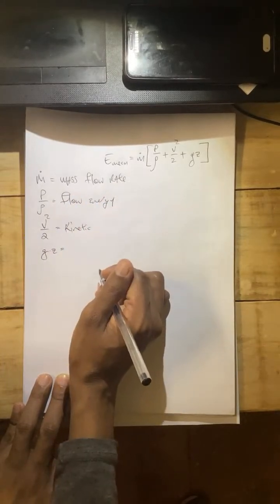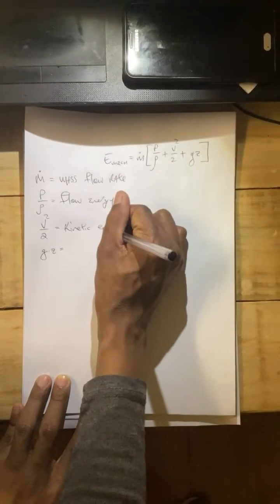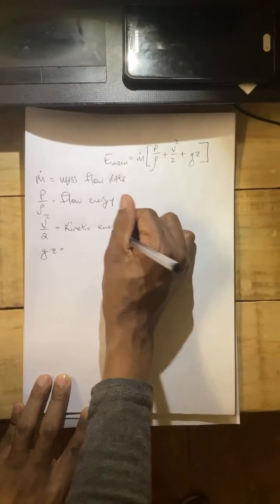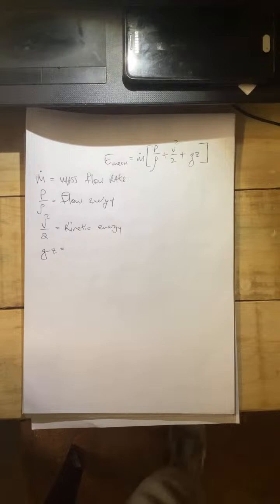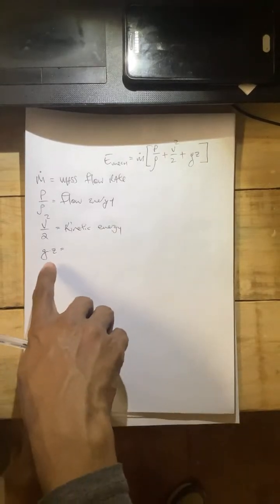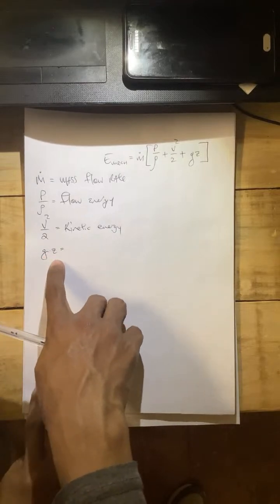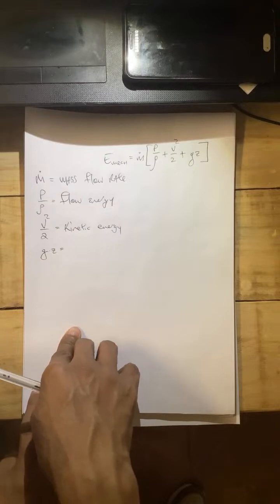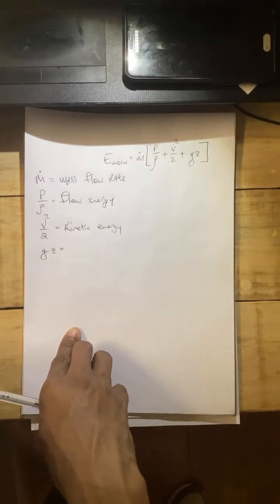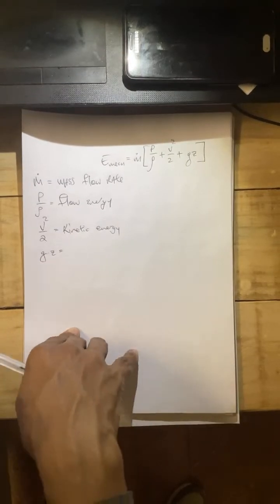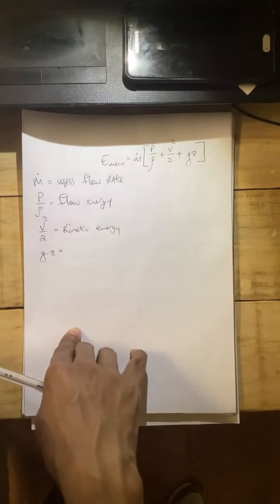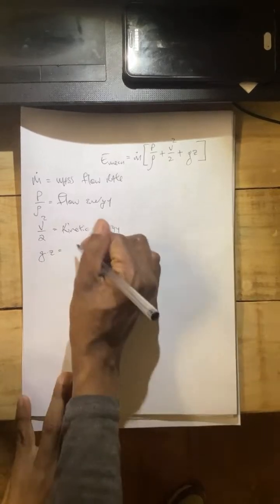Kinetic energy is normally associated with speed, in this case velocity or whatever you want to call it. Then our G times Z, Z constitutes height, and the energy component associated with height, conventionally speaking, we refer to as our potential energy.